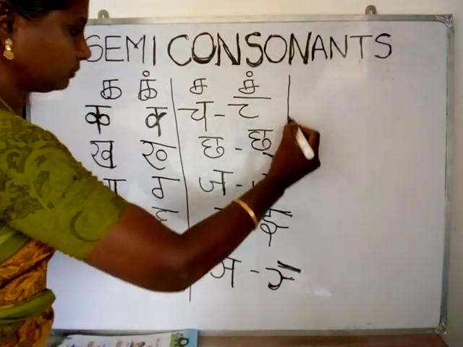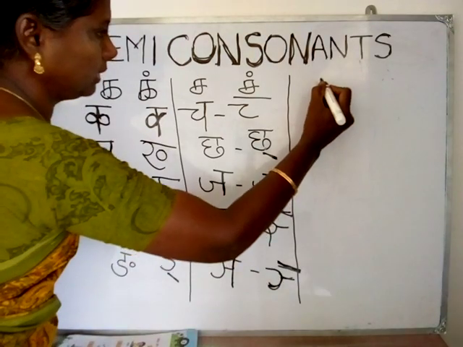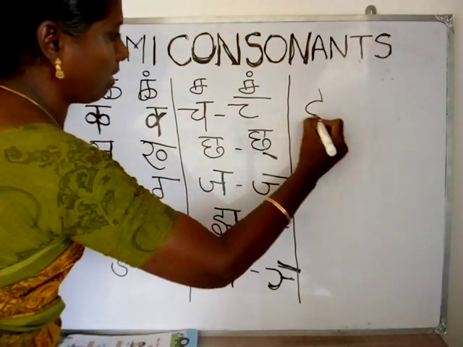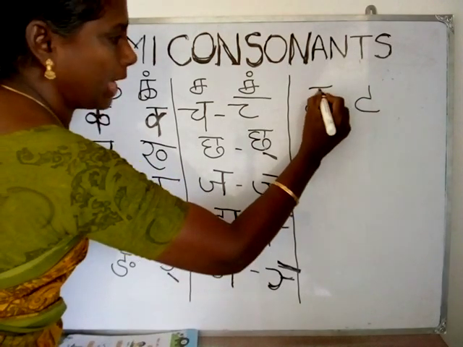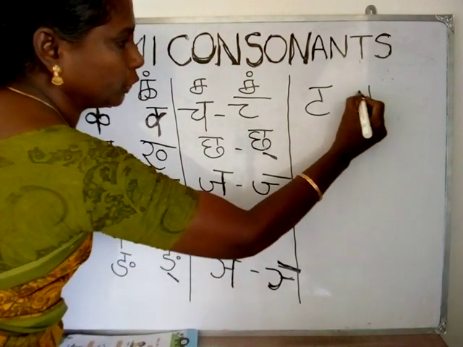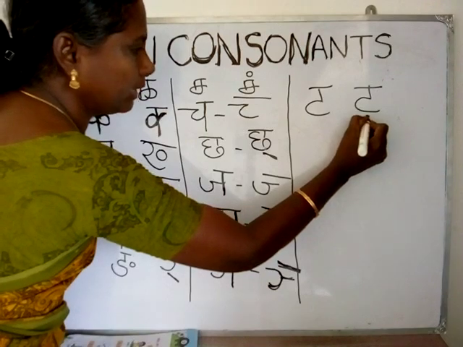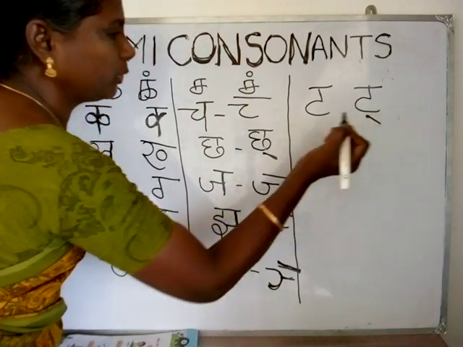Next line, this is ta. Here there is no full line at the last. So you have to put a small dot and put a cross line.